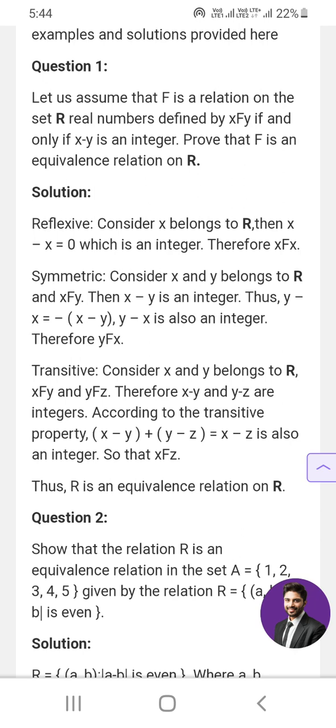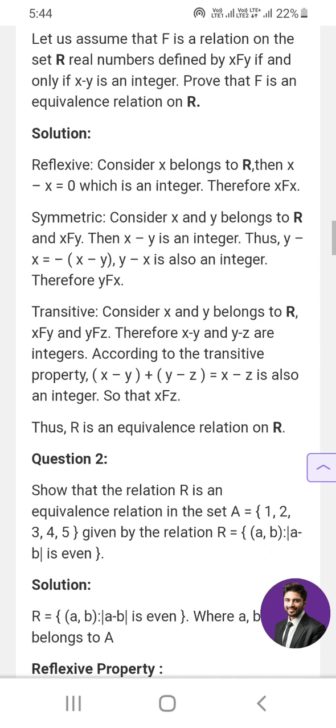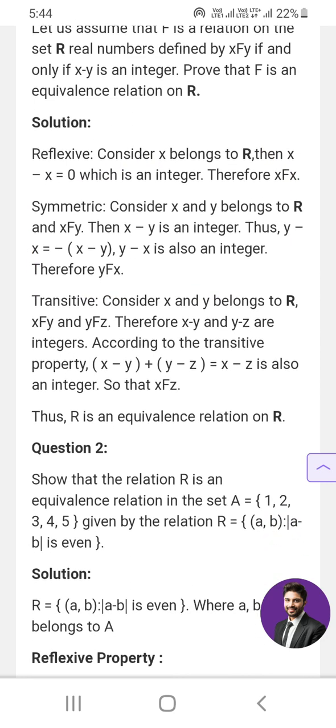Therefore x F x. For symmetry, consider x and y belonging to capital R with x F y. Then x minus y is an integer, thus y minus x equals minus of (x minus y), which is also an integer, therefore y F x. For transitive, consider x, y, z belonging to R with x F y and y F z.